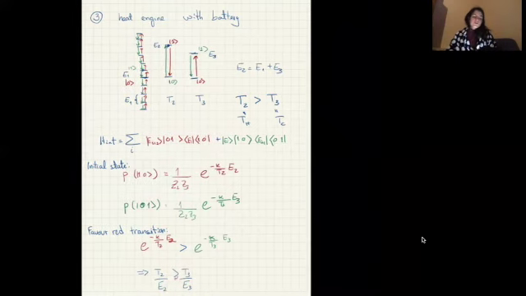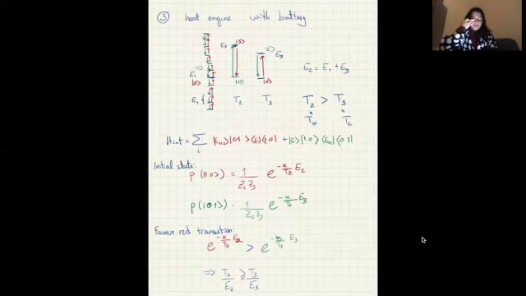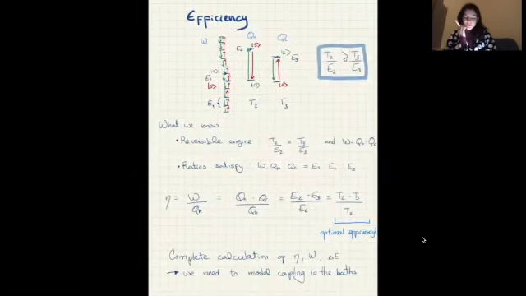Even without looking at the explicit dynamics of this engine, I don't know how fast it works, for example, because I don't know the strength of the couplings, like how this is connected to the hot bath, how this is connected to the cold bath, etc. I don't know what gamma is here, like what's the prefactor behind this interaction Hamiltonian. So I can put here gamma, for example. Good, but I can already say some things about the efficiency.